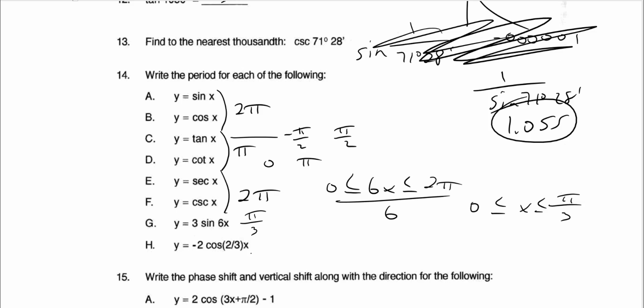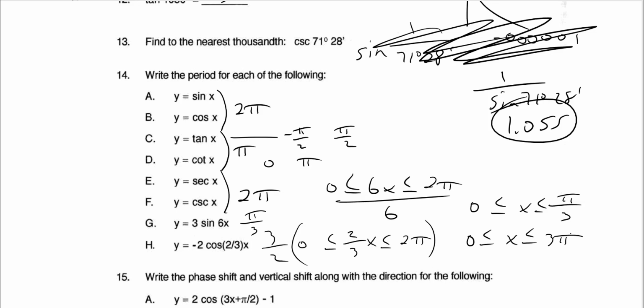Okay, this one, 2/3 x is between 0 and 2 pi. Multiply everything by 3/2, so you get 0 less than or equal to x less than or equal to 3 pi, right? So what is the period? The period is 3 pi.